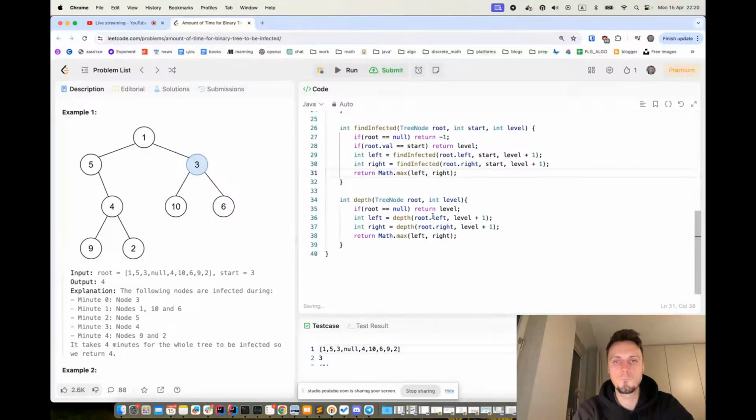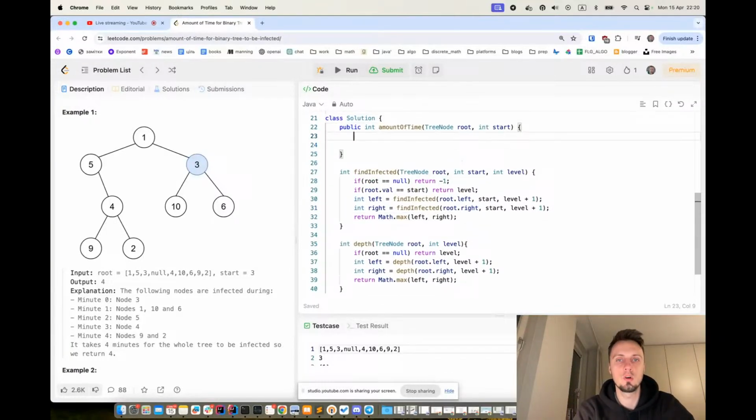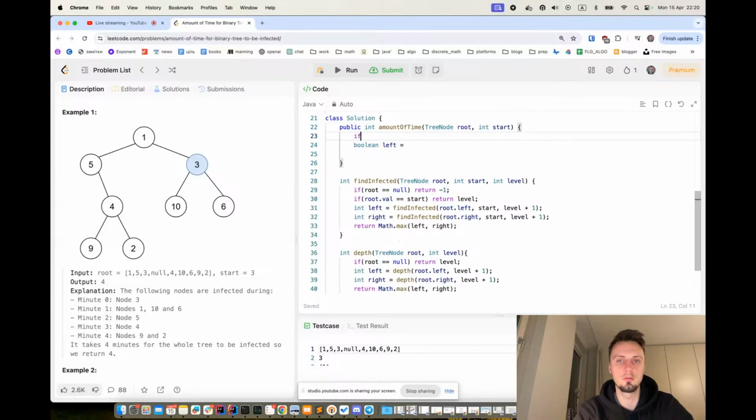Okay, so what we want now? Now we want to find whether it's on the left. Can root be null?